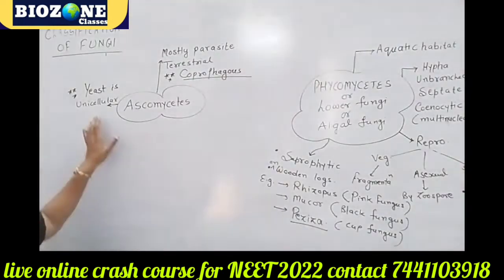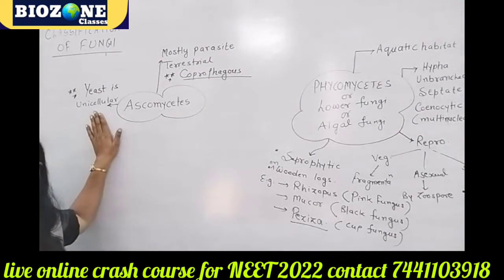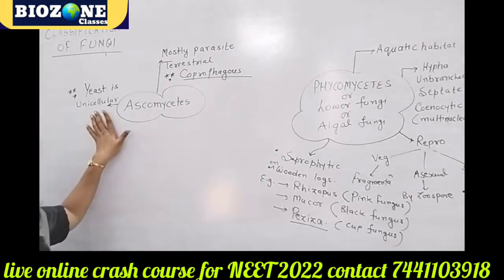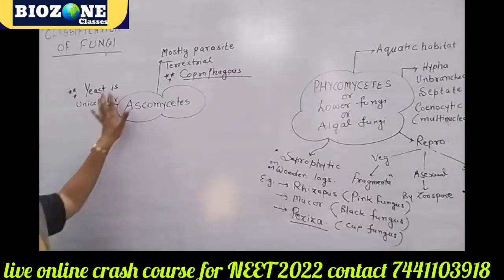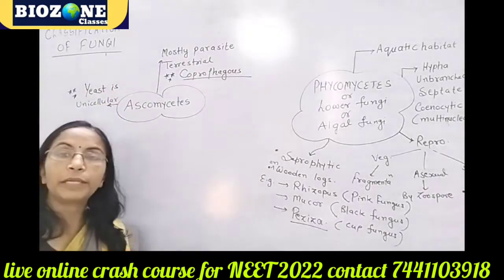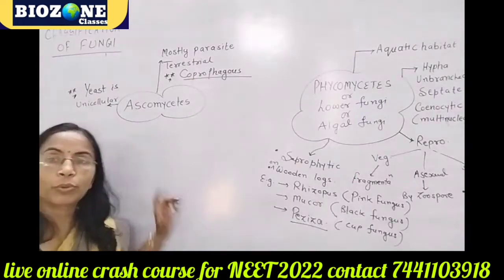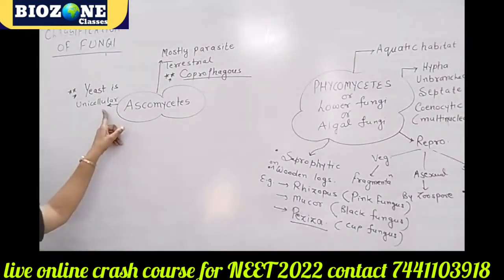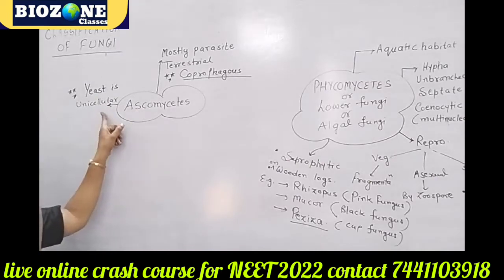Secondly, this yeast is commonly called as brewer's yeast and baker's yeast. In class 12 you studied brewer's yeast when we use in brewing industry for alcohol fermentation, and baker's yeast when we use the yeast or Saccharomyces for baking the different bakery products. So yeast, you simply remember, is an exceptional fungus of Ascomycetes, that is a unicellular fungus.